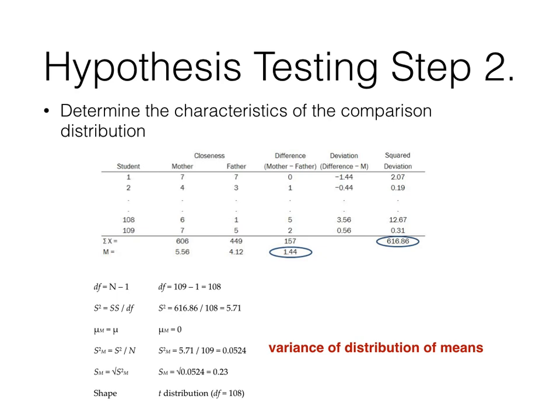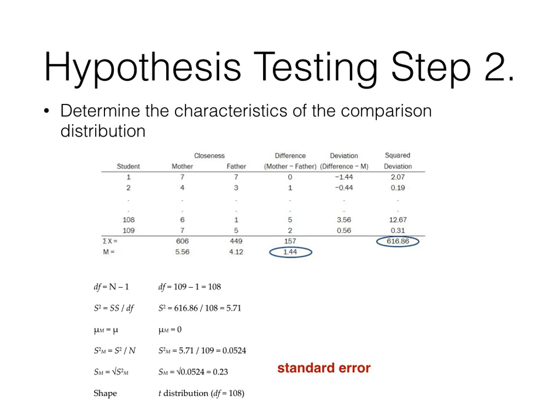The final step that we need in order to have all of our calculations done is to figure out the standard error, or our estimate of the standard error. We've already got the variance of the distribution of means, so we can just take the square root of it, and it comes out to be 0.23. So that's our standard error estimate. And finally, the last thing you see there is the shape.